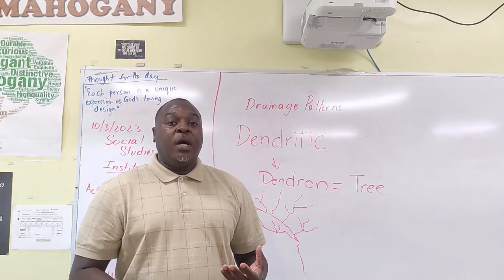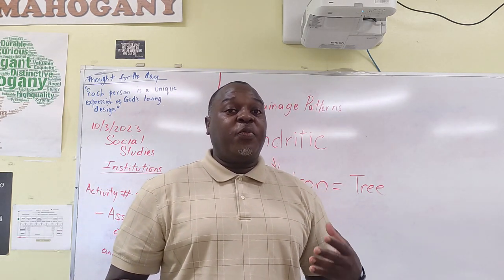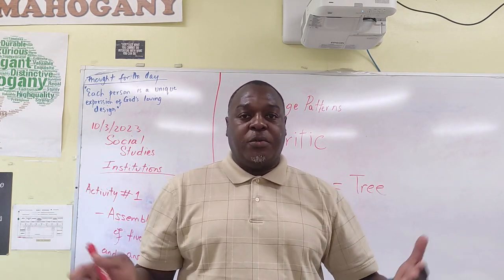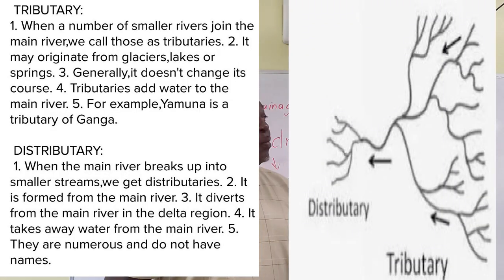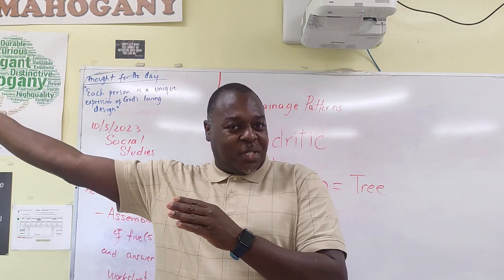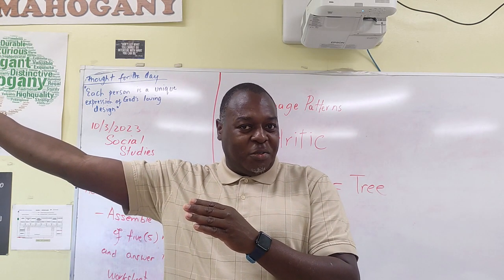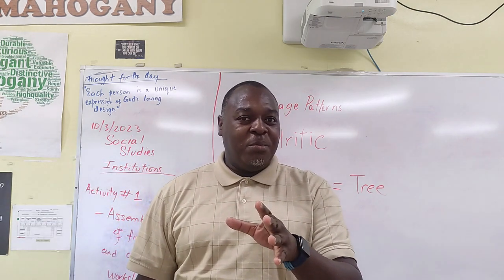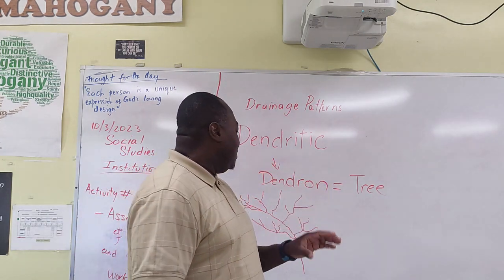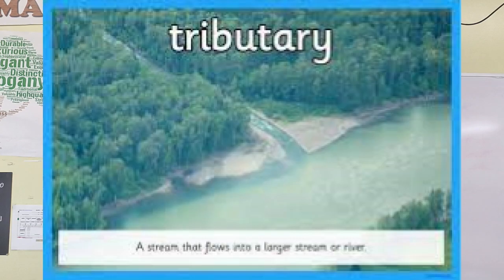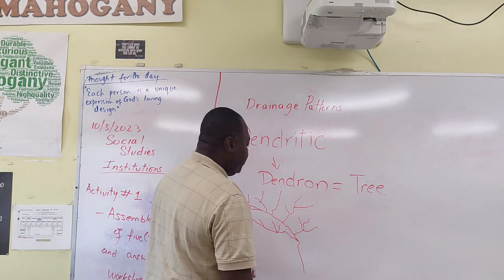Now tributaries are smaller rivers that flow into a larger river or a main river. A distributary would be a smaller river or stream that flows out of a large river. Now I just thought I'd mention that since we're on the topic. So tributaries, smaller rivers that join into the main river.